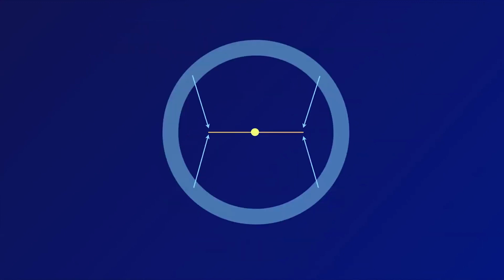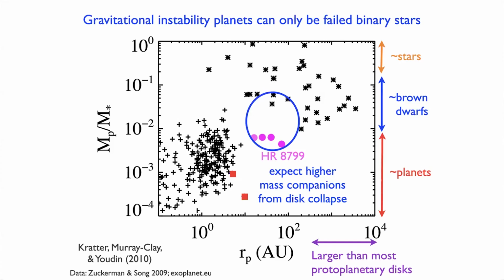But if you make your disk and then right at the end, you gravitationally collapse, then you open a gap, you turn off your accretion, they migrate in, they go into their mean motion resonances that we know they have to be in to be stable, then hooray, you can get happy times. So nothing about that is a problem, but it does have to be a very specific situation.